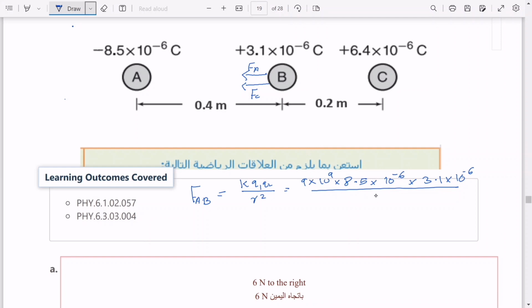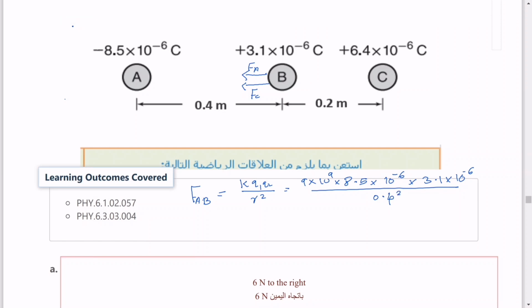Distance is 0.4 meter, so 0.4 squared. Now we will use our calculator to do this calculation and get the answer.